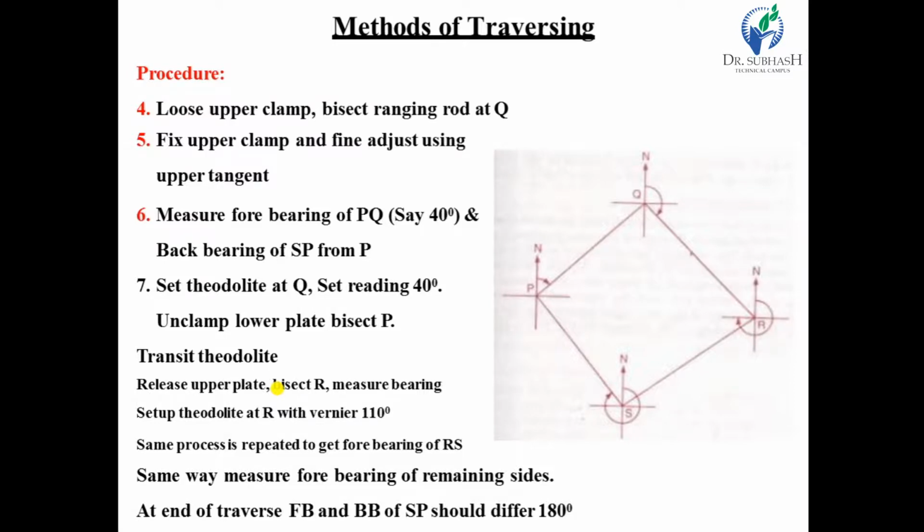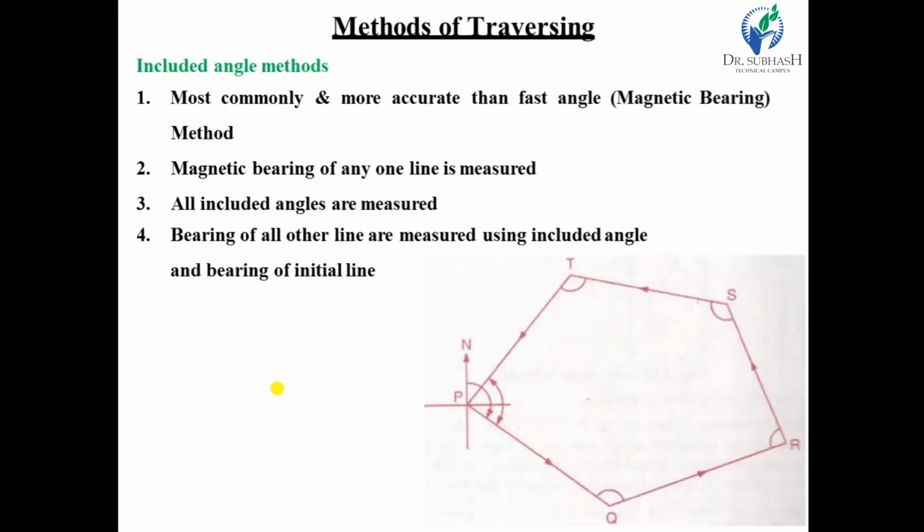Set up the theodolite at R with vernier 110 degrees. The same process is repeated to get the fore bearing of RS. In the same way, measure the fore bearing of the remaining sides. At the end of the traverse, the FB and BB of SP should differ by 180 degrees. The second method is the included angle method.